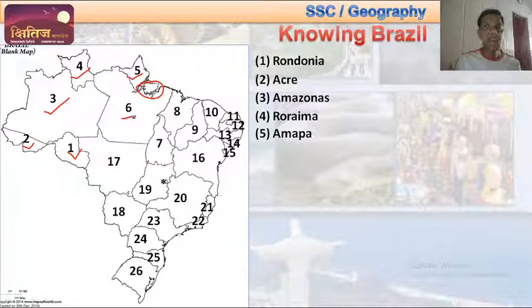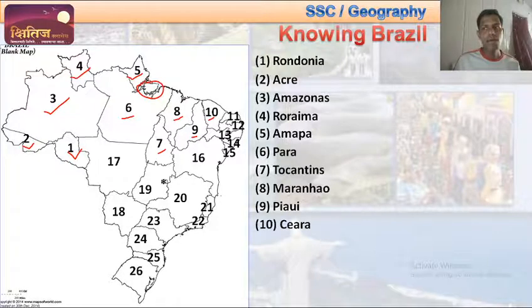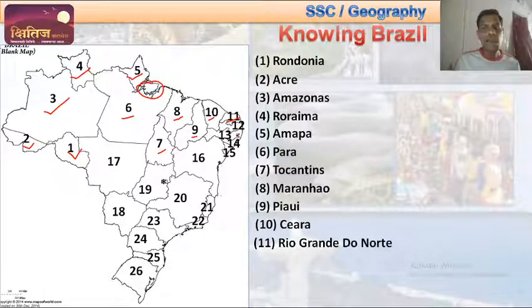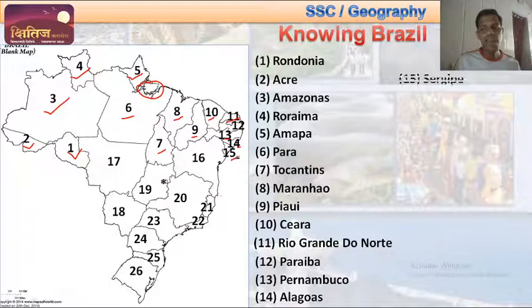Number 6 is Para. Number 7, Tocantins. Number 8, Maranhão. Number 9, Piauí. Number 10 is Ceará. Number 11, Rio Grande do Norte. Number 12 is Paraíba. Number 13 is Pernambuco.